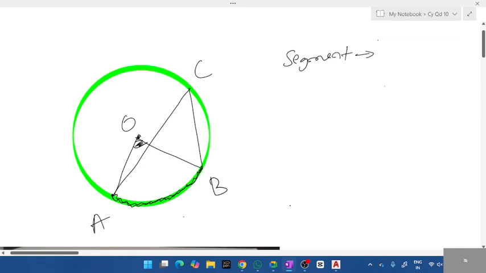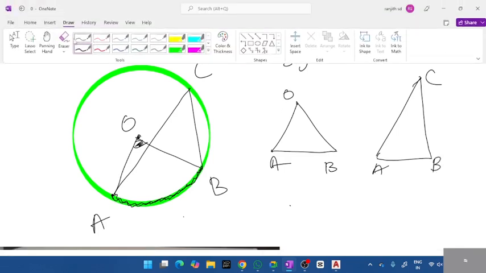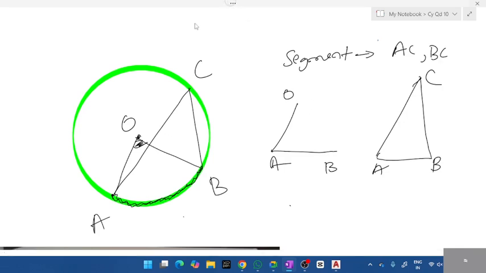Why a segment? Because AC and BC are chords. So let me draw these two triangles, imagining each as a triangle with the base taken common, AOB and ACB.